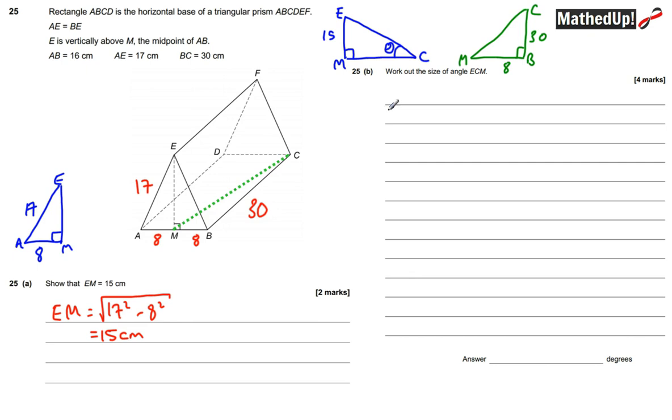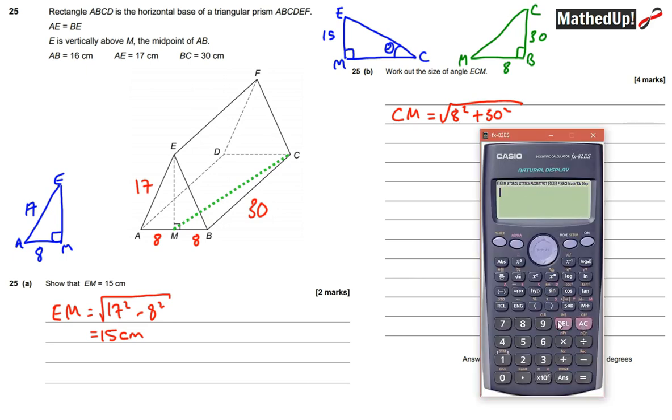I'm going to start by working out CM, and CM is going to be equal to 8 squared plus 30 squared, square rooted. Okay, so this time we're trying to find the hypotenuse. So using my calculator again, square root of 8 squared plus 30 squared, and that gives me 2 root 241.